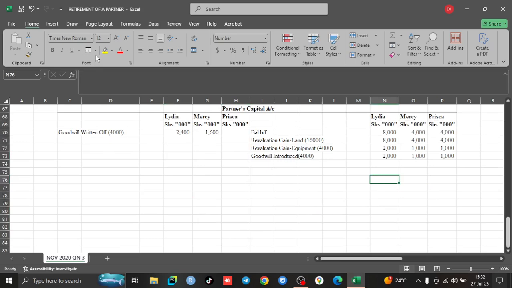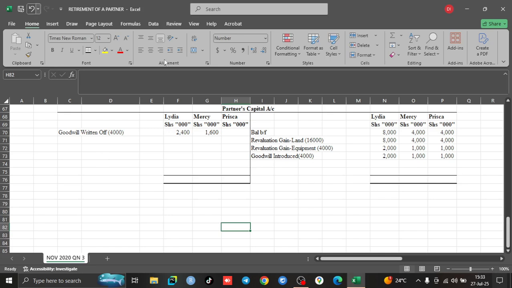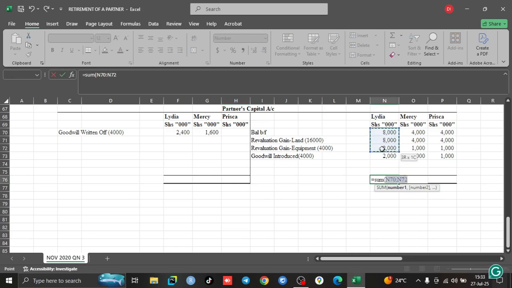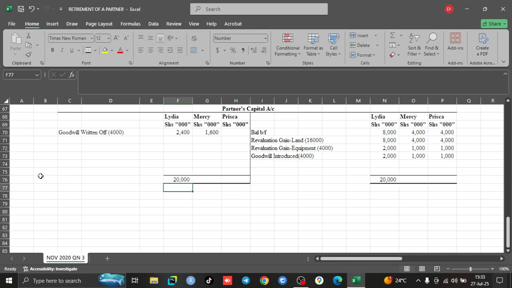Now we can get the balancing figure, but remember, the amount due to Priska won't be given to her. She's going to leave it to us as a loan, which will also be a non-current liability in our statement of financial position. So of course the greater side is this one. You can sum this up. Equally, that balance is like that.